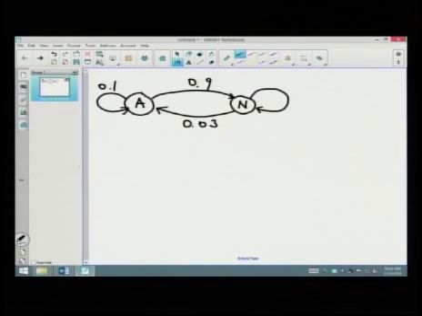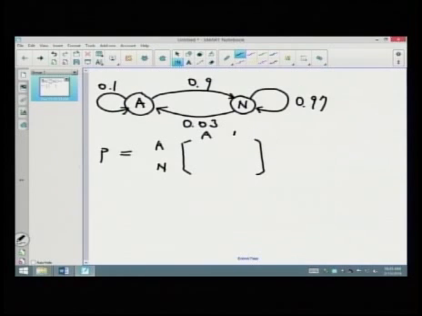And this is going to be 1 minus 0.03, which is 0.97. Is that correct? So obviously, the one step transition probability matrix can be obtained like this: accident, no accident. That's going to be 0.1, 0.9, 0.03, 0.97. Is that correct?